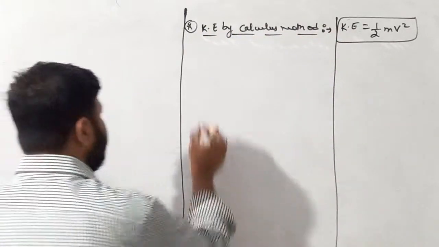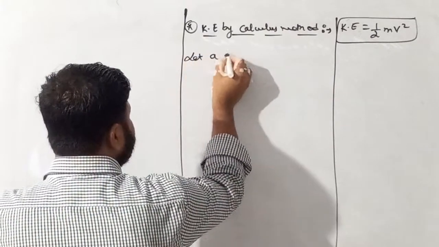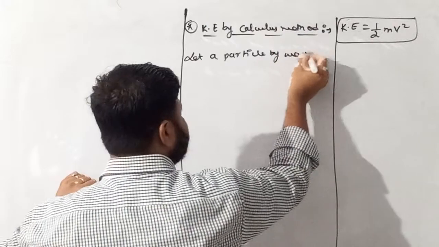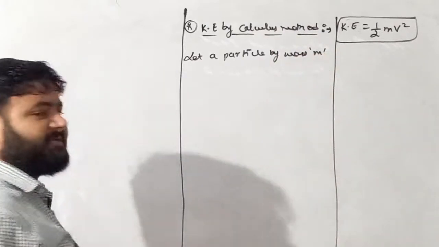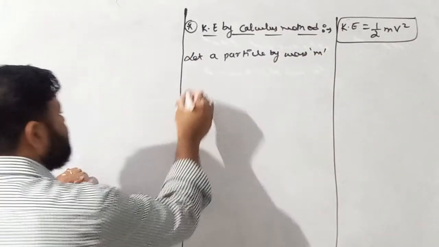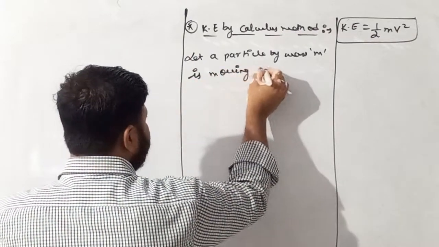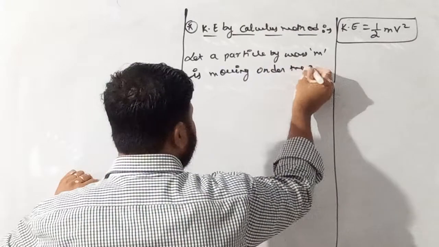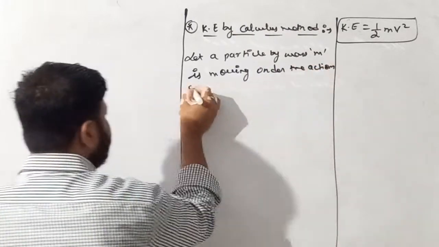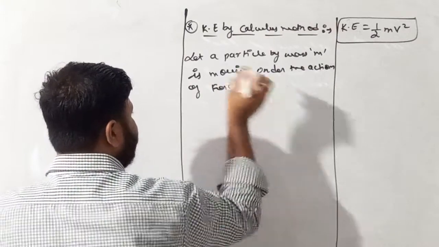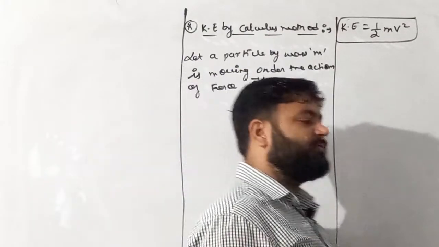Please write down: let a particle of mass m be moving under the action of force F vector.